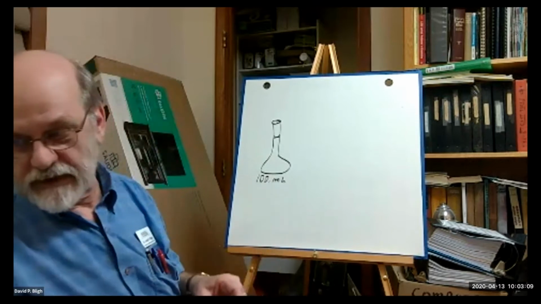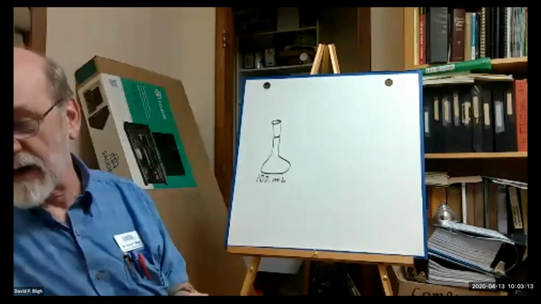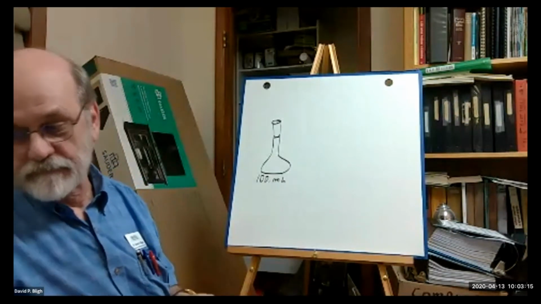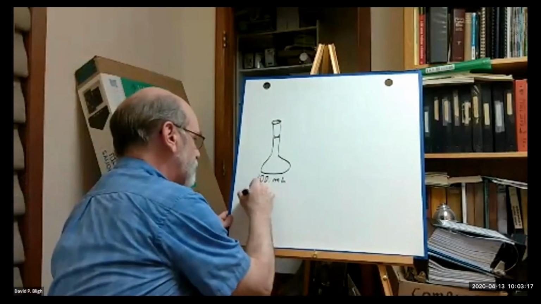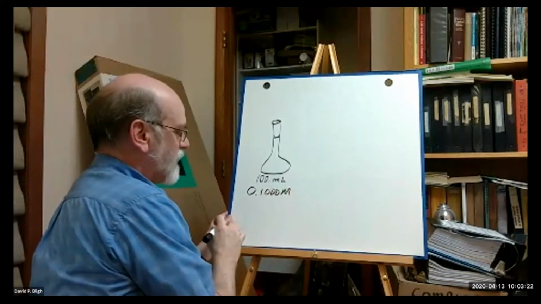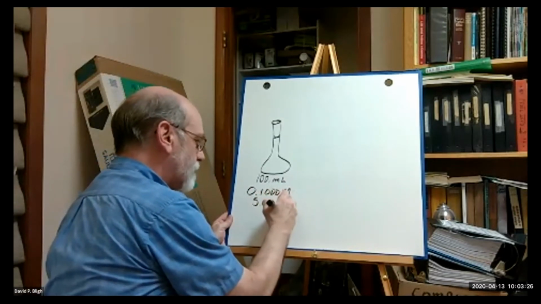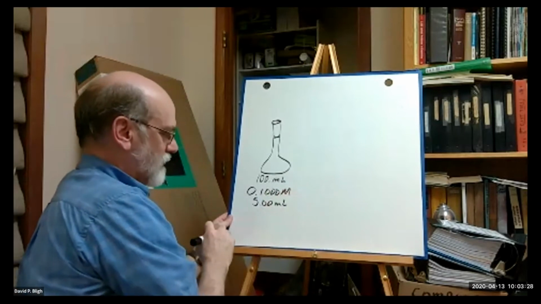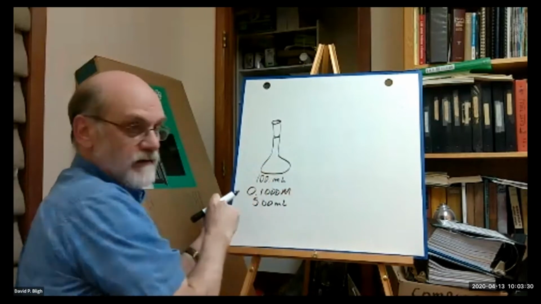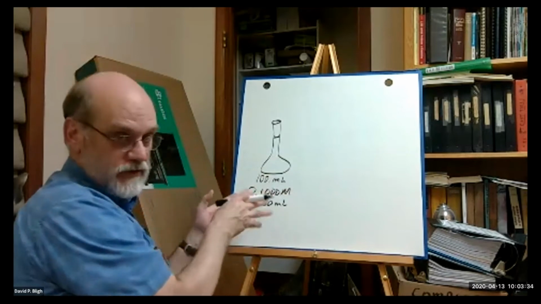The first one is silver nitrate. Right? So we're going to prepare a solution with 0.1 molar silver nitrate. And we're going to put 5 mils of that in this flask and dilute it to 100 mils. So you can calculate the concentration. You know how to do that.